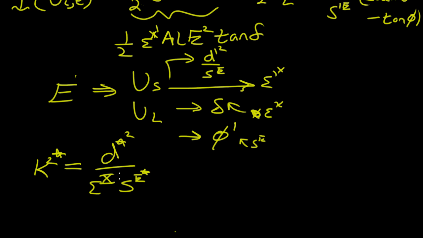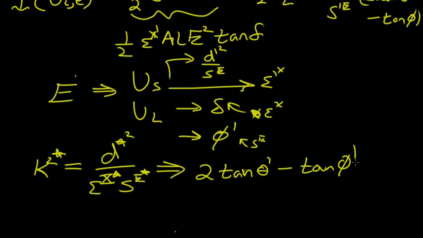And if these are all stars, what is actually going to end up happening is we have two tangent phi prime minus tangent delta prime, and tangent phi prime, which is coming from the E. If this was SD, then this would be just phi. Just know that much. These are just notation things to keep track of the interaction. This is tangent delta prime.